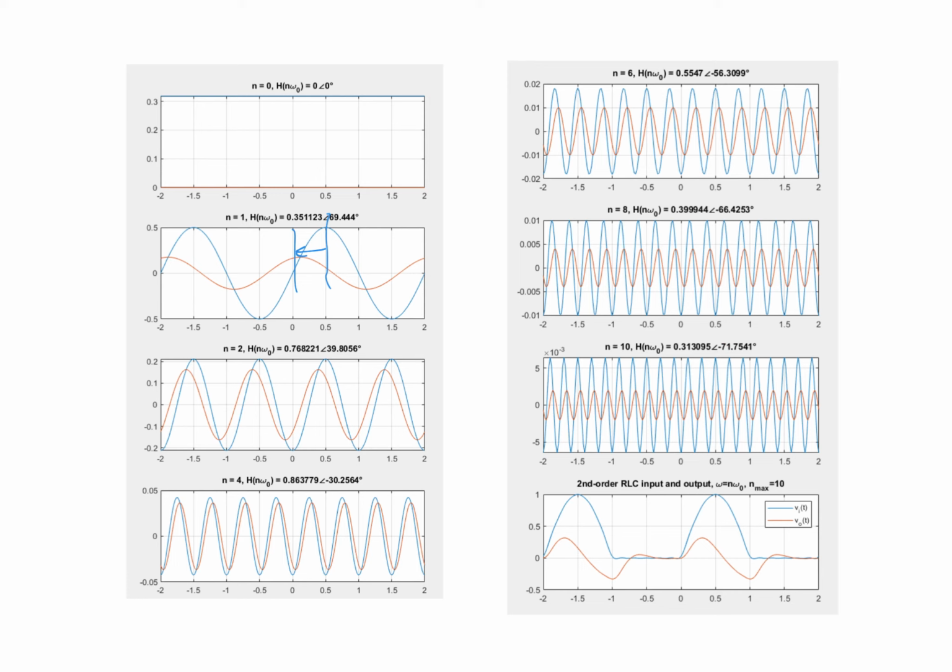The amplitudes of the blue inputs from that series for the rectified sine wave input are decreasing. We see here the first one is 0.5, and then it's about 0.2, a little less than 0.05, a little less than 0.02, about 0.01, and so on.